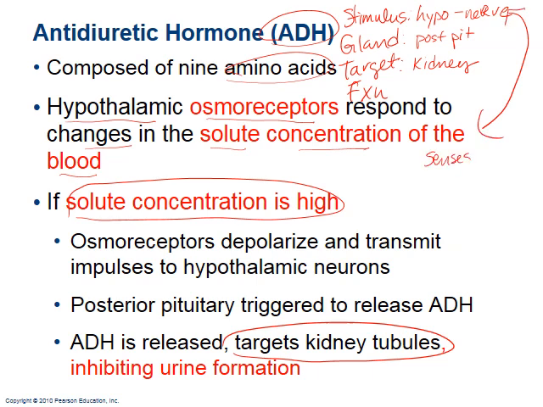It senses that the solute of your blood is too high. So what I would write in my box for antidiuretic hormone and stimulus trigger is: solute levels trigger the hypothalamus nerve to release ADH, specifically if solute concentration is high.